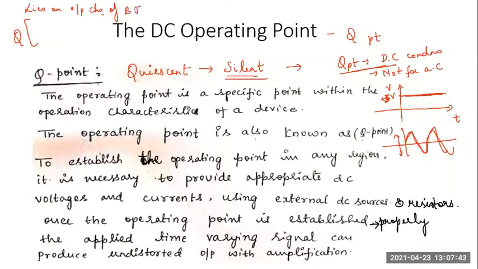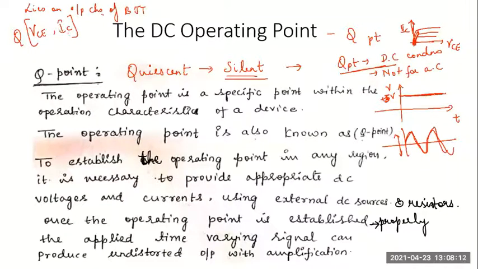We just now saw the output characteristics of the BJT, which looked like this, VCE versus IC. This Q point should always lie on the output characteristics of the BJT, and the coordinates of the Q point are VCE on the x-axis and IC on the y-axis.